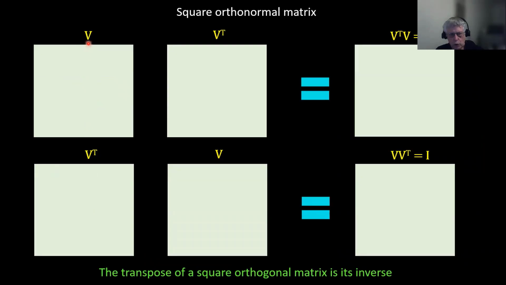If our orthonormal matrix is square, therefore, we don't have subspaces of vector space anymore. These columns span all of the vector space. In which case, if we pre-multiply or post-multiply V by its transpose, we have the identity matrix, which says that the transpose of an orthonormal matrix is its inverse.